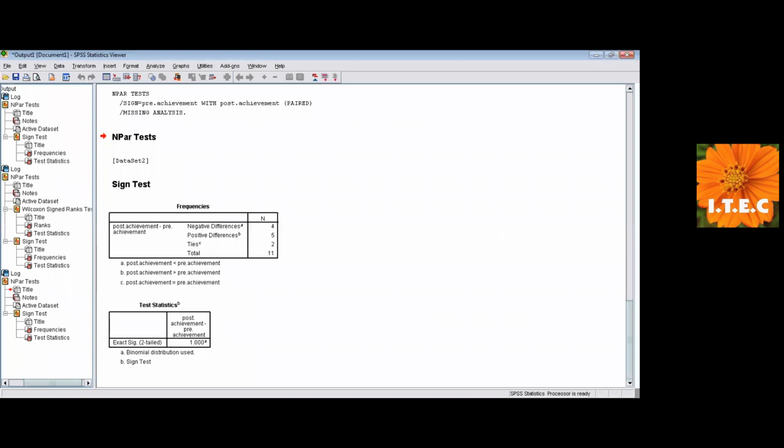Now you can see the post-achievement minus pre-achievement. How many are negative? 4 are negative. How many are positive? 5 are positive. And there are ties in 2 cases. And the value is not significant.